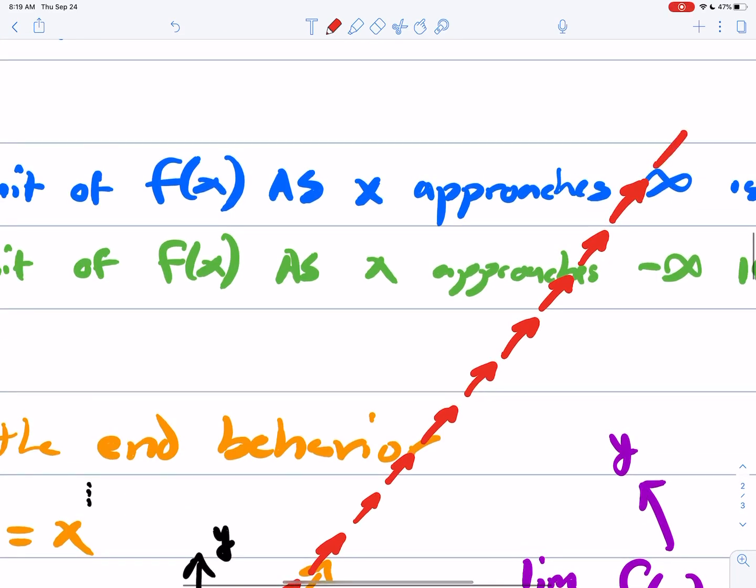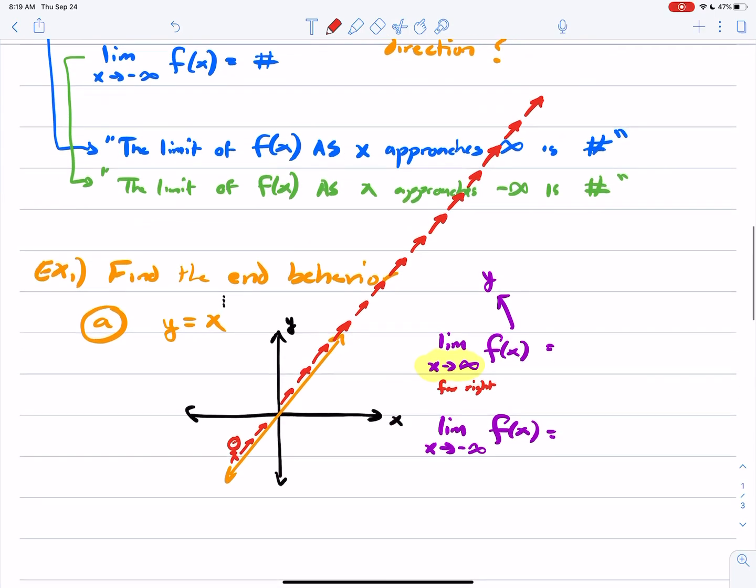I know I'm writing all over my notes, but I'm trying to exaggerate for a reason here. It's going to go all the way up to positive infinity. Now this is far up. Pretty simple concept. The notation is a little bit weird, but the concept is super easy.